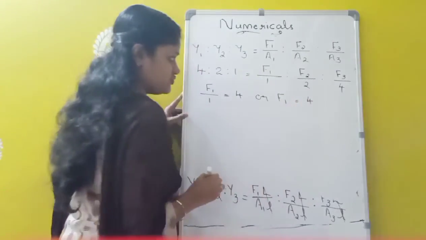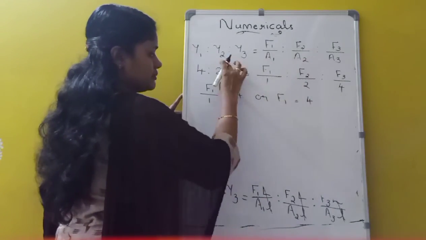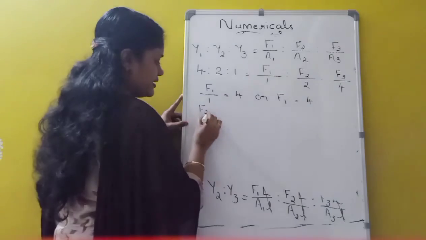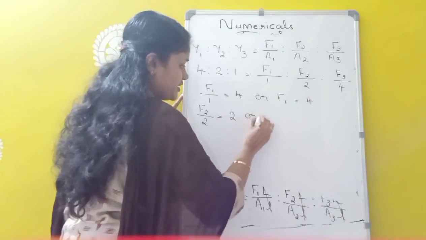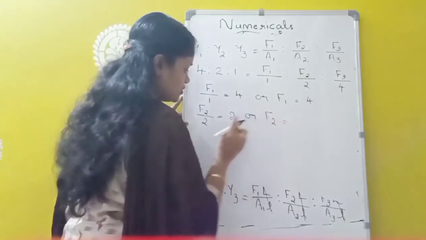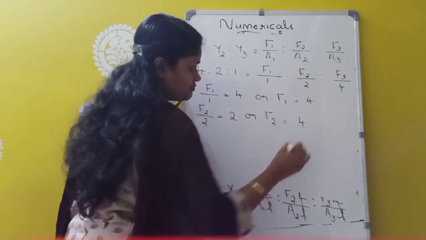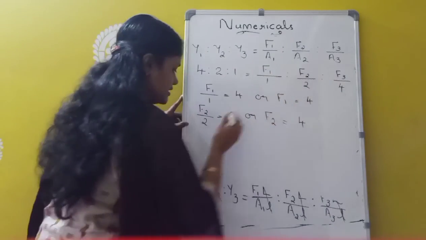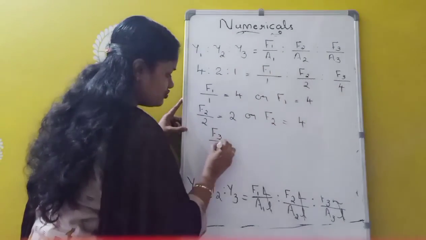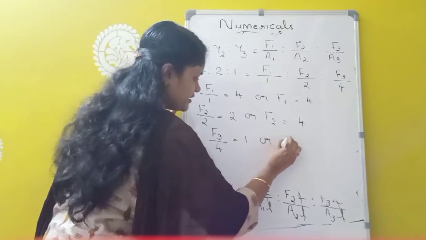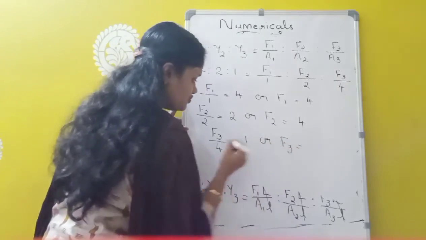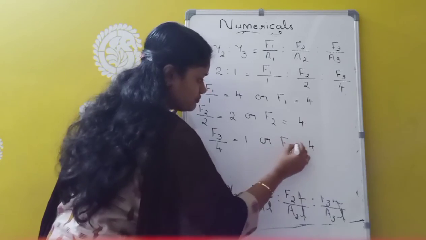F2 by 2 equals 2, so F2 equals 2 into 2, which is 4. F3 by 4 equals 1, so F3 equals 4 into 1, which is 4.